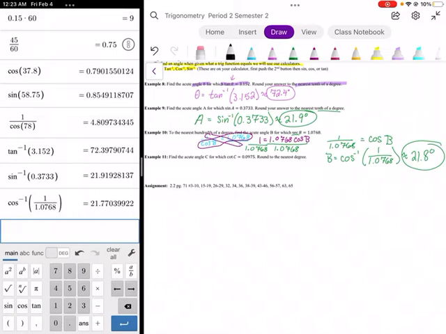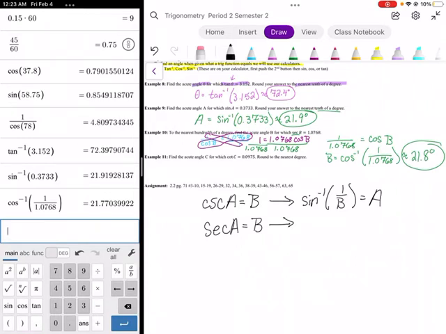For these, if you were doing cosecant of A equals B, that would be the same thing as using the inverse sine of 1 over B, and that will be your angle. And then, just like we used above, we had secant of A equals a number. And this one we would use our inverse cosine of, again, 1 over that number, and that will give us our angle. Cotangent, we do the same thing.